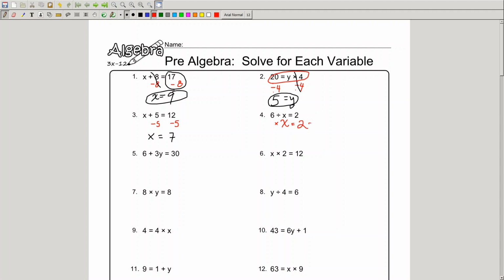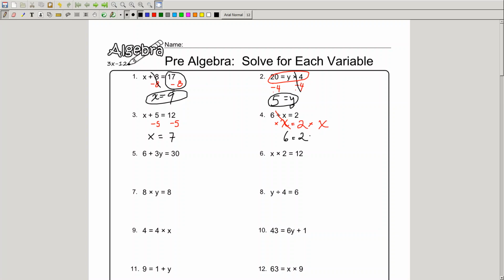So here you have 2 times x. The x's on the left side will cancel each other, and you end up with 6 equals 2x.